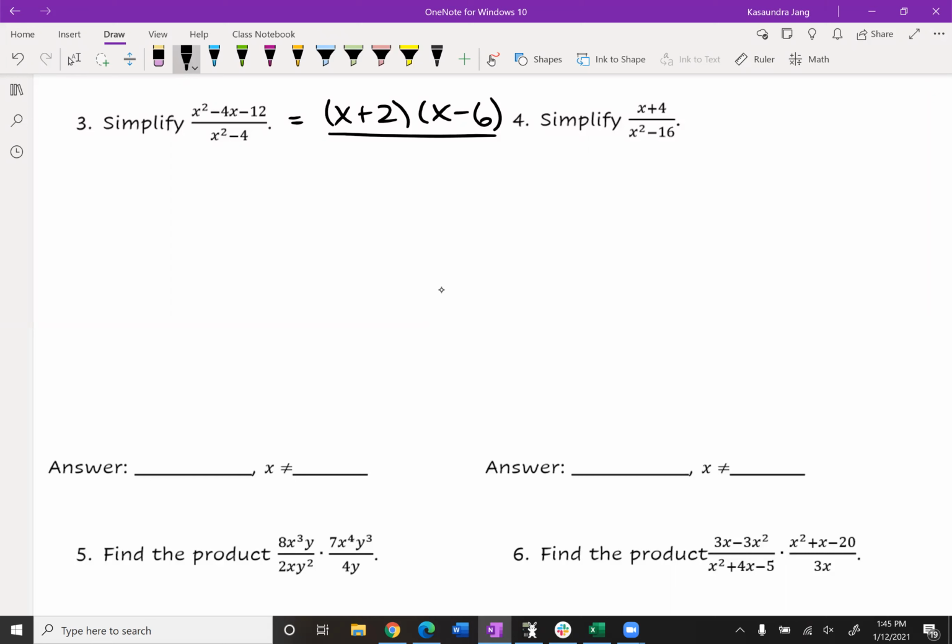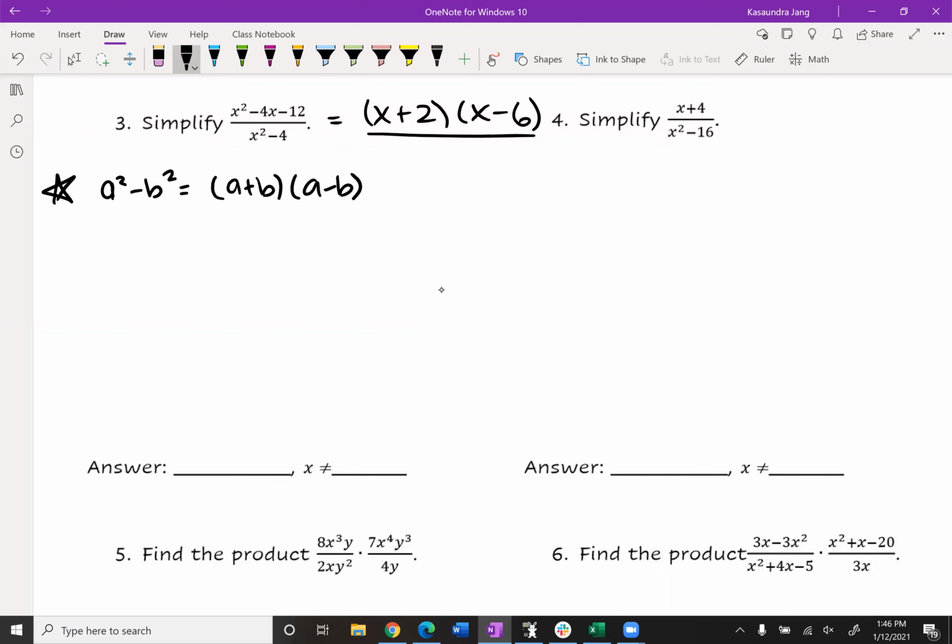Evan, that's what I would get as well, but here's why. The difference of squares, a squared minus b squared, factors into a plus b times a minus b. That was from a while ago. If you need to brush up on this, you probably want to go look at your notes from before.